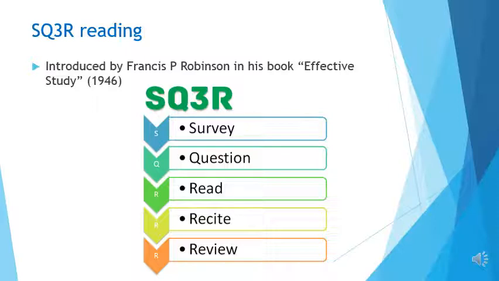So it is a method of reading academic materials such as textbooks, articles, research studies, or manuals that can increase our comprehension. With the SQ3R method, our active involvement in the reading process is required.